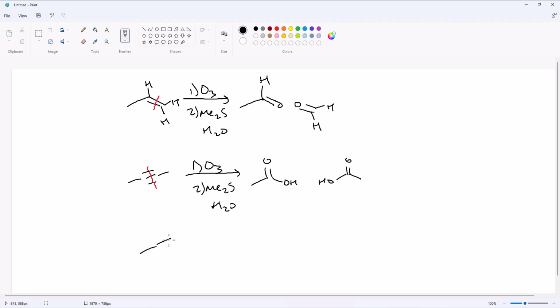If you were to do this with a terminal alkyne, with O3 and say water, we generate one carboxylic acid that corresponds to these carbons here. Then the terminal alkyne would represent this carboxylic acid here. So ozonolysis will result in carboxylic acids when done on alkynes, instead of the carbonyls that are generated when you do this with alkenes.